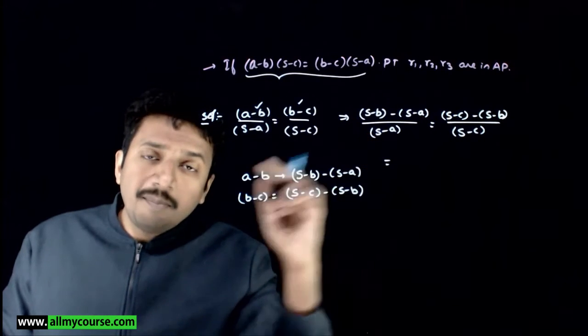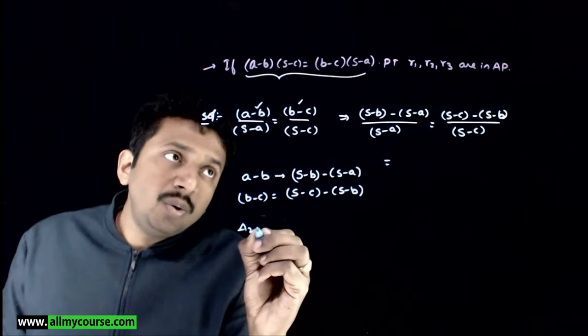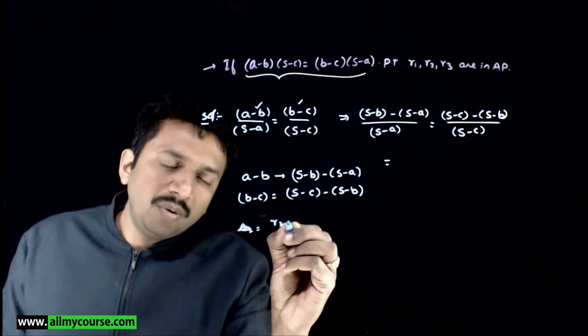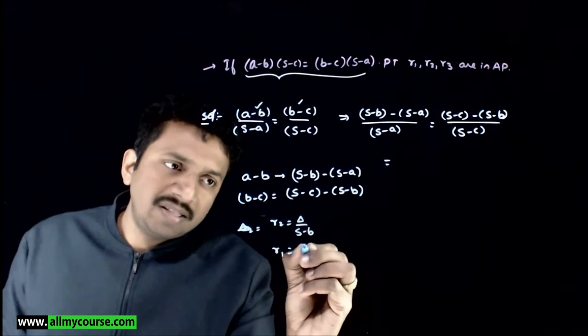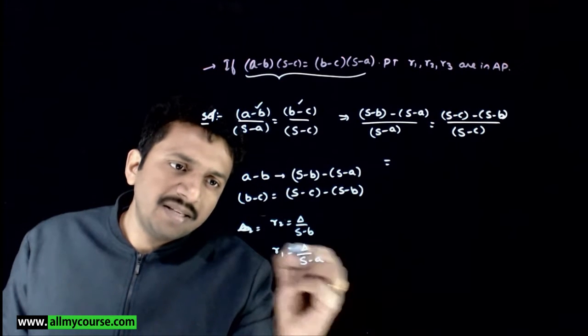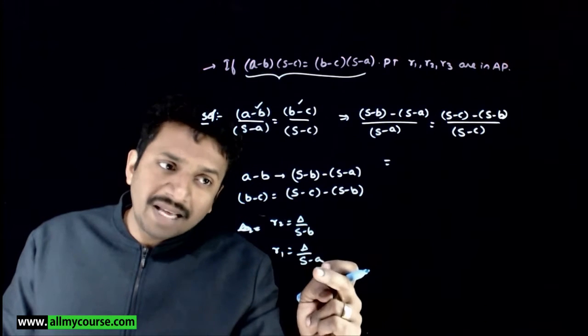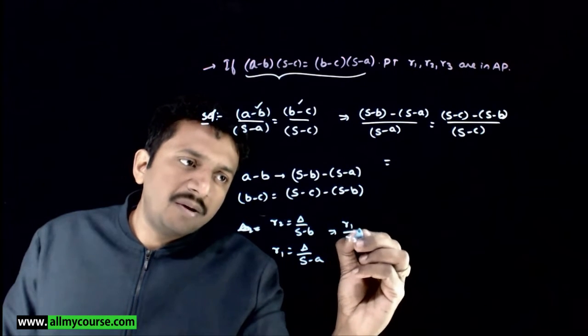What is (s minus b) by (s minus a)? R2 is equal to delta by (s minus b). R1 is equal to delta by (s minus a). So (s minus b) by (s minus a) can be written as R1 by R2.